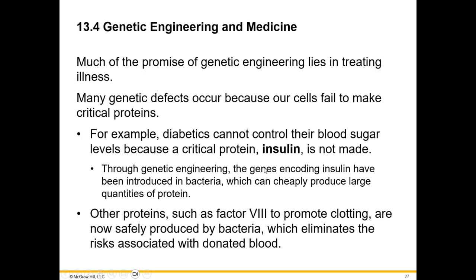Another example of this is factor VIII, which is a protein that promotes clotting, which we definitely need. Every time we get a cut, if we can't form a clot, we're just going to continue to lose blood.